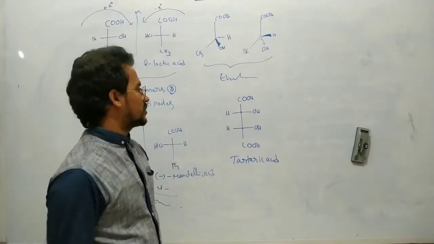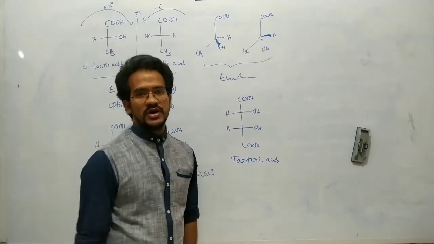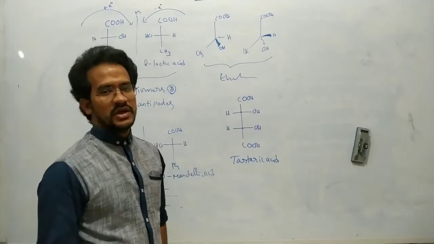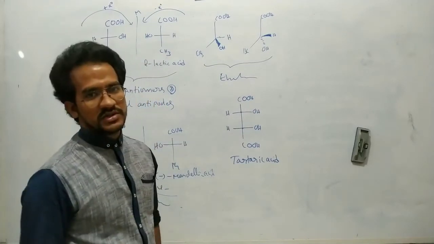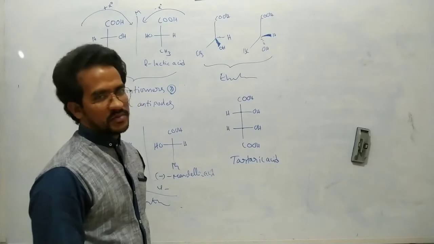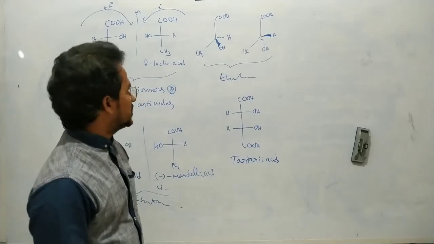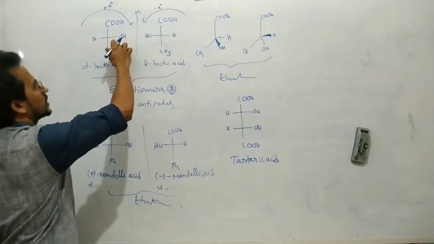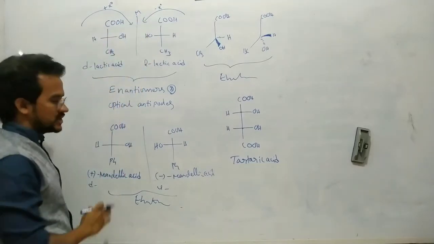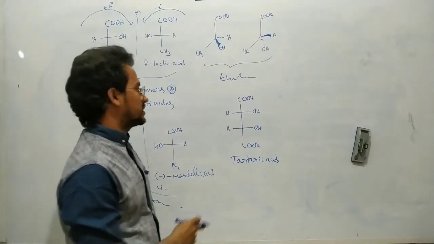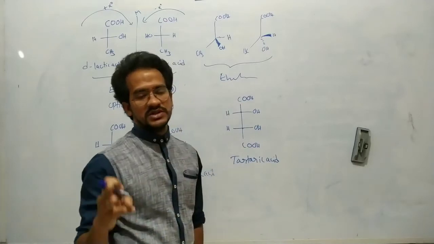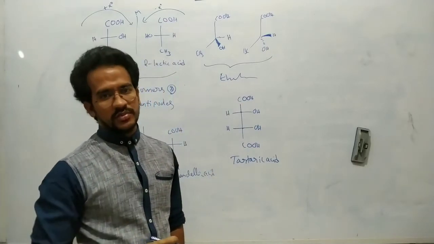Even though it has 2 chiral carbons, this compound is optically inactive. The earlier compound has 1 chiral carbon and is optically active, and this one also is optically active. But even though this one has 2 chiral carbons, it is optically inactive.